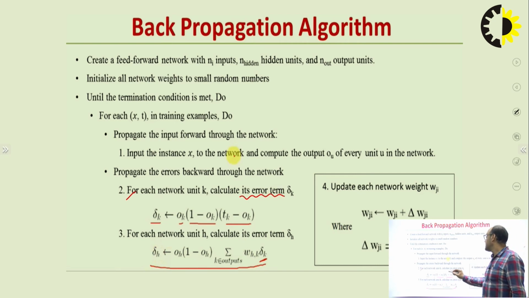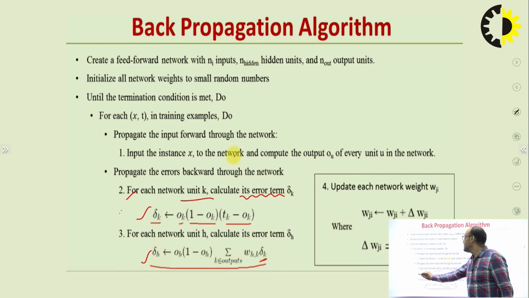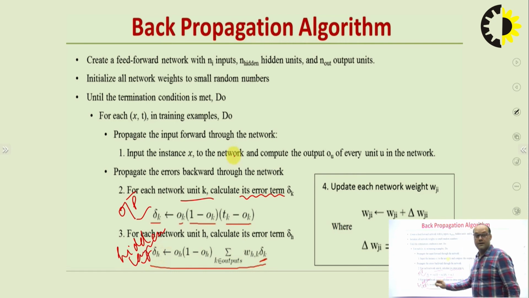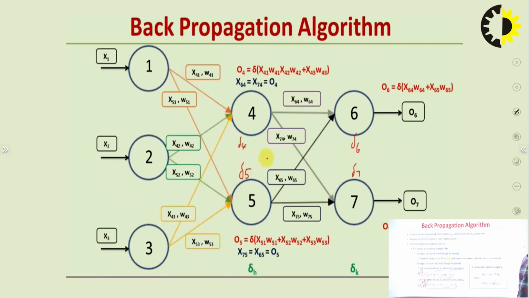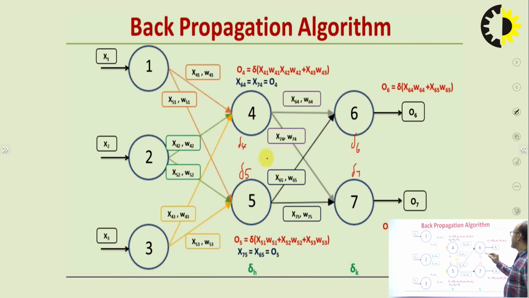It is calculated like this: delta k using this term is for the output layer, and delta h is for the hidden layer. And we will update the weights. So how is it calculated? We will backpropagate. Delta 6 and delta 7 will be calculated here.